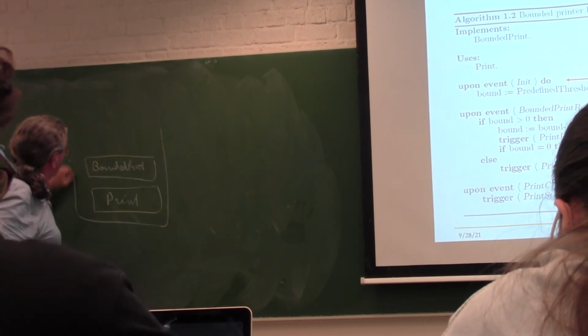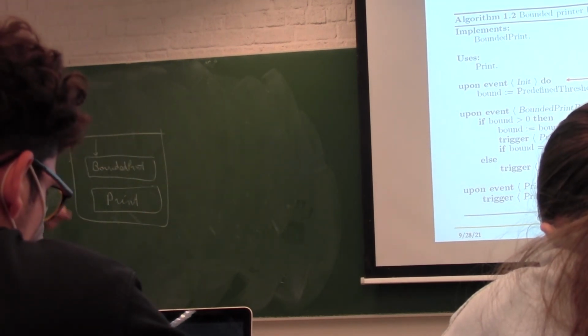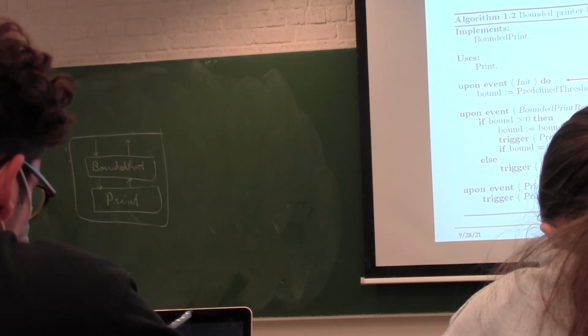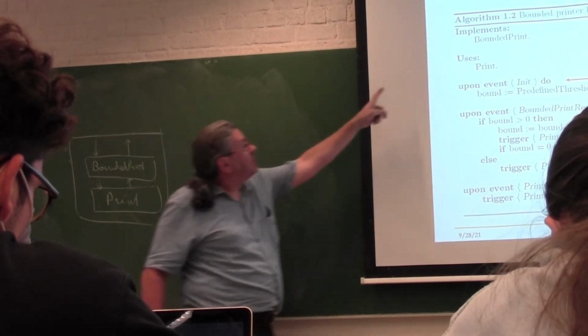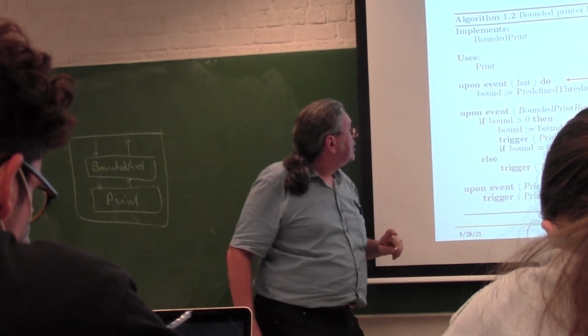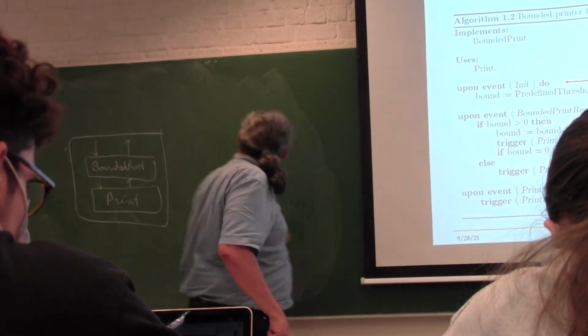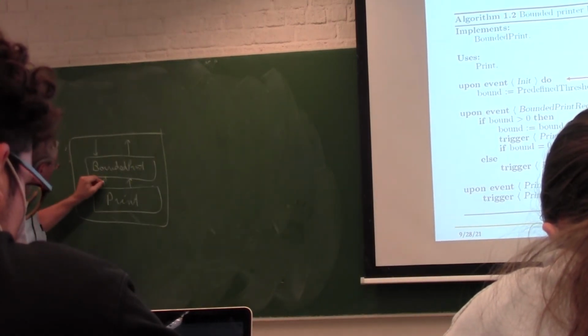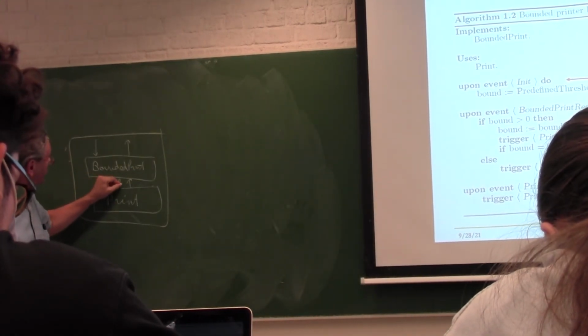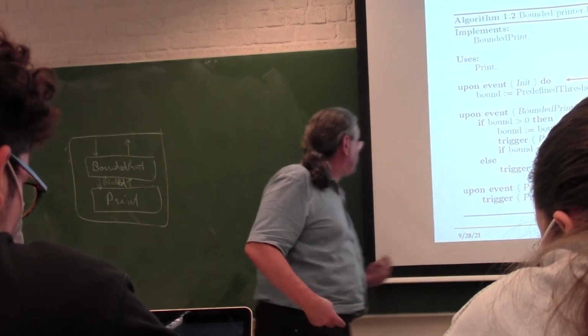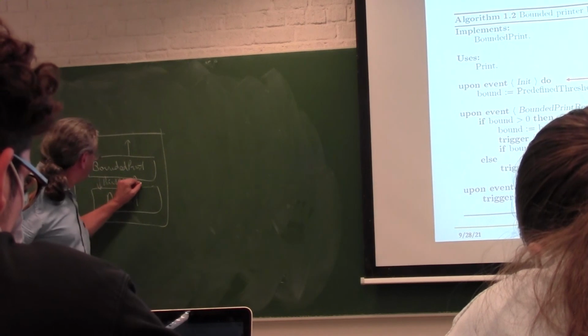So this is my system. I do a request here, and then bounded print will use print. So bounded print will do a print request going down here, and the print confirm comes up here.